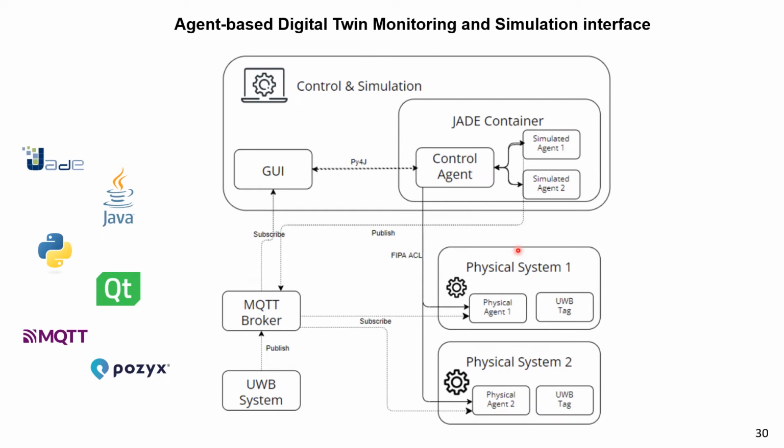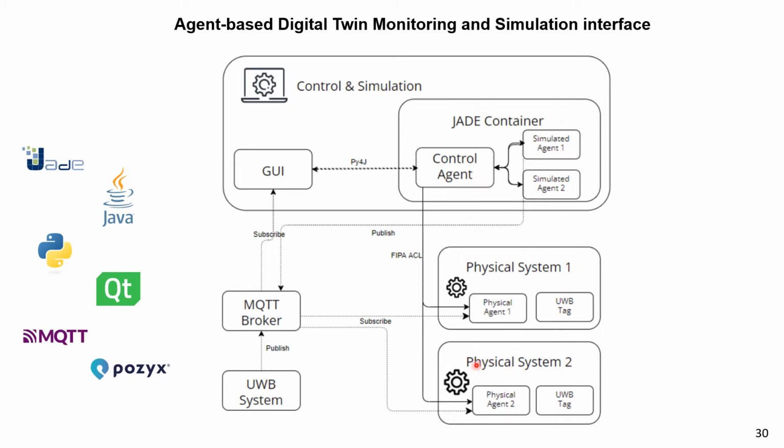As I showed before, here we try to explain the agent-based twin monitoring and simulation interface, and this interface represents the visualization interface built upon the JADE digital twin to show a real-time simulation of the robots.